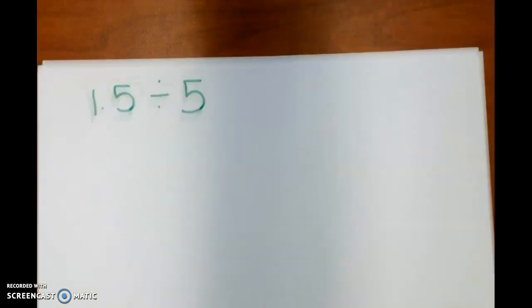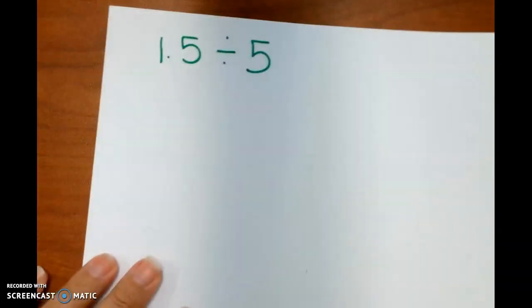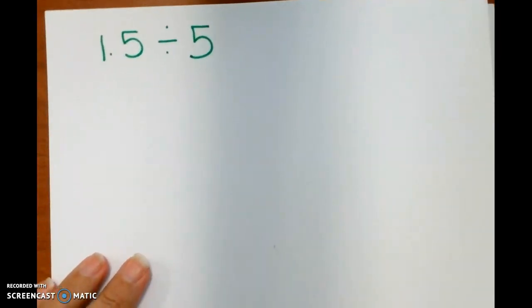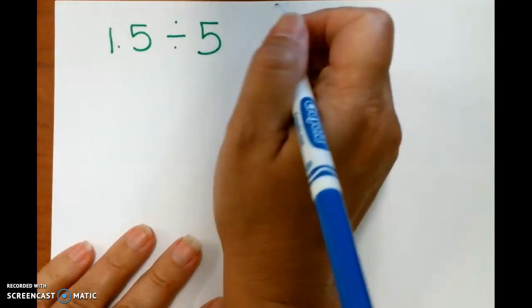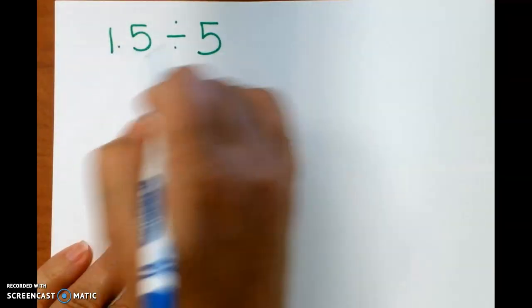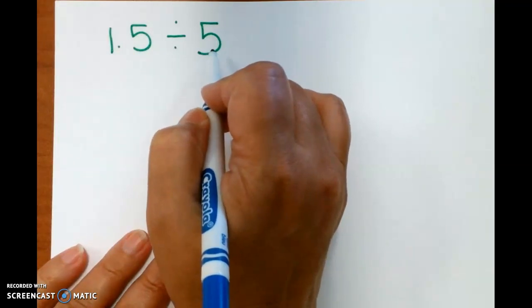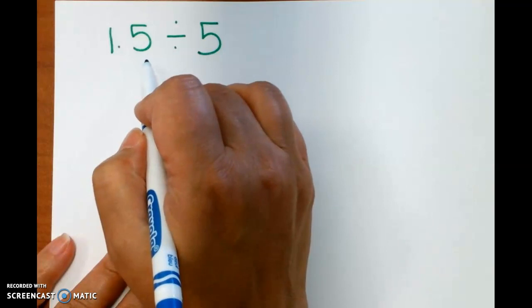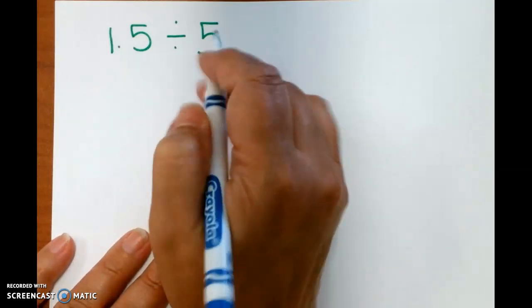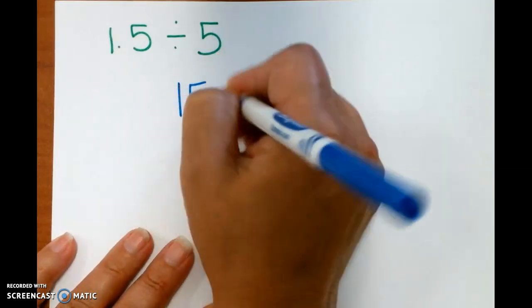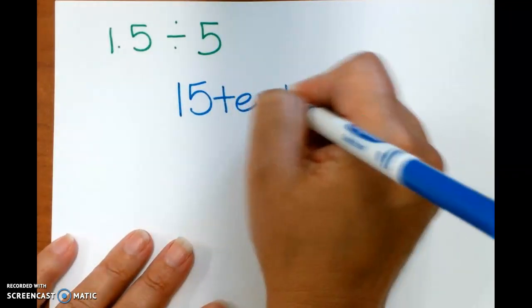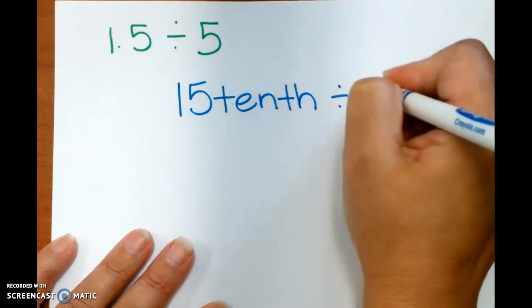Now the next one we're going to do is going to be in unit form. Okay, this is going to be a little trickier, but I know that my super awesome mathematicians can handle it. So if I have 1 and 5/10 divided by 5, if I write it in unit form, it would be 15/10 divided by 5.